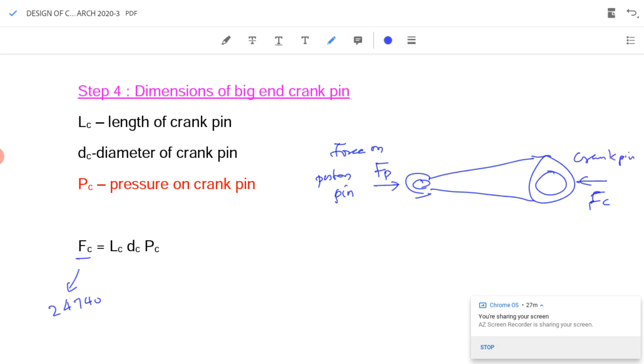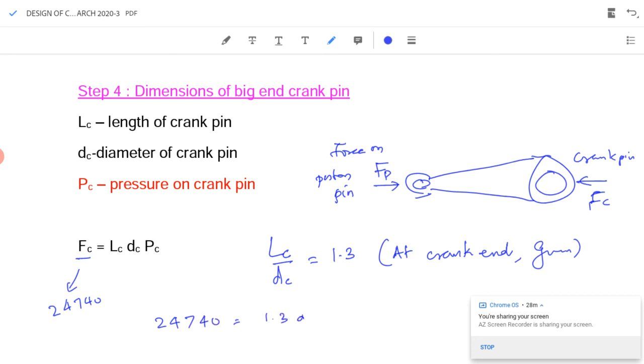So Fc and Fp are both the same, equal to Lc into dc into Pc, where the length to diameter ratio Lc by dc equal to 1.3 at the crank end or the big end, given in the question. So I can write 24,740 equal to 1.3 dc square into pressure, which was given as 10 Newton per mm square.